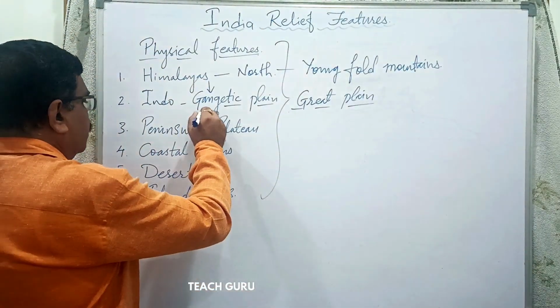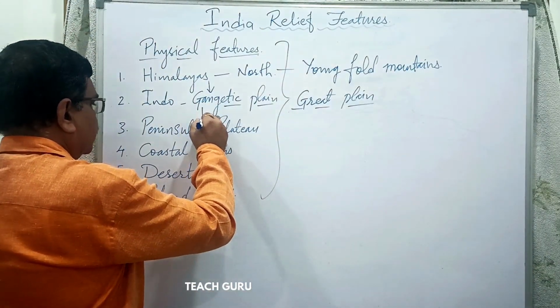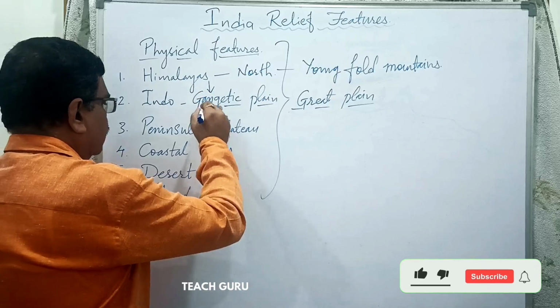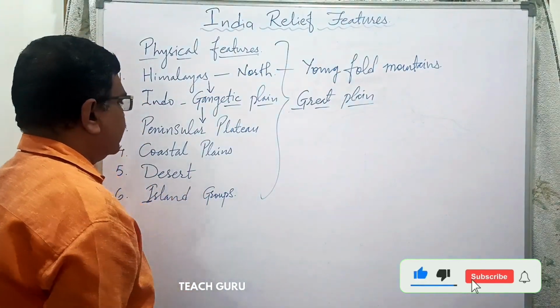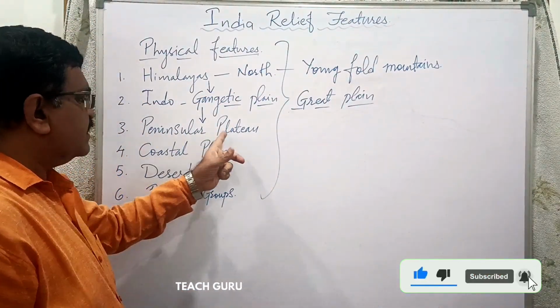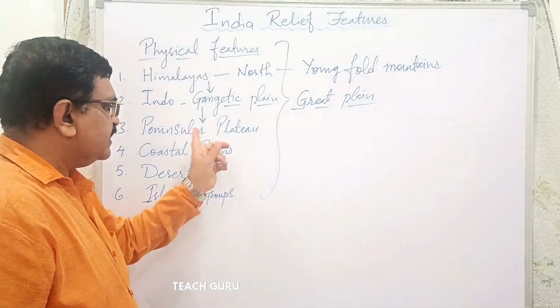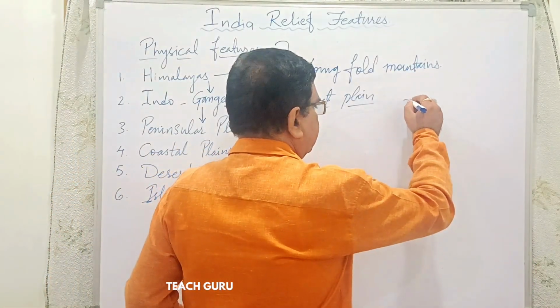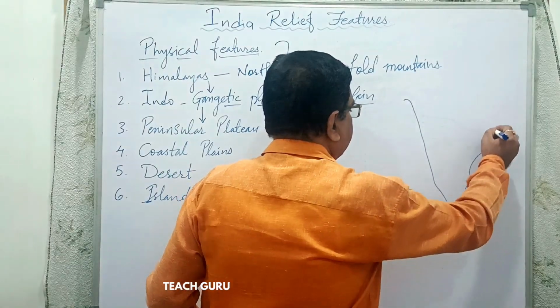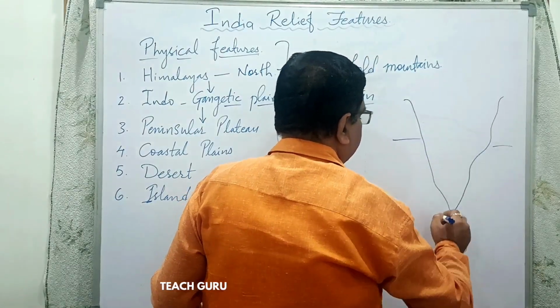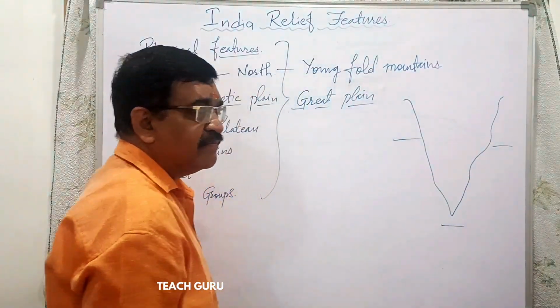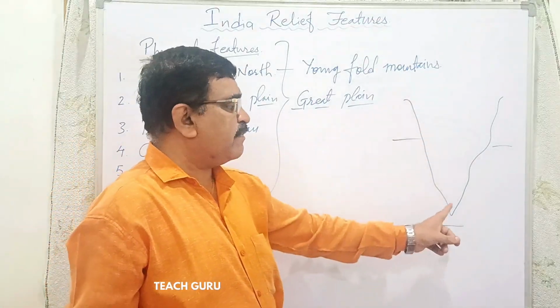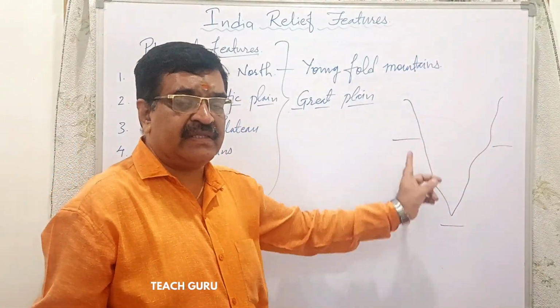Now, when we move towards the south from the Indo-Gangetic plain, we can see the Peninsular plateau. What is this? What do you mean by peninsula? Peninsula means an irregular triangular shape of landmass which is surrounded by sea on three sides.